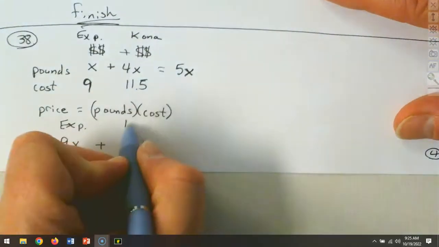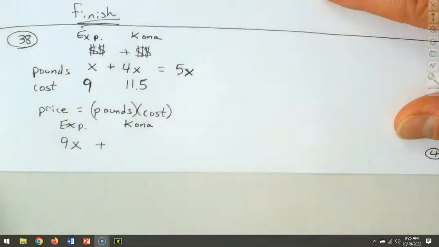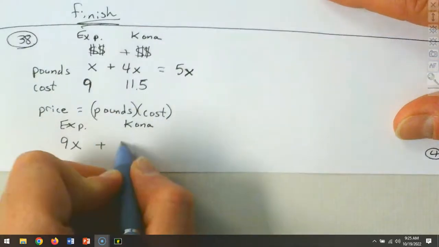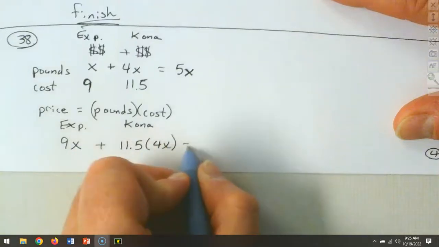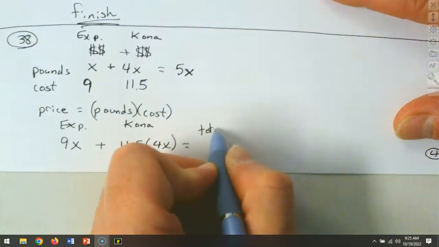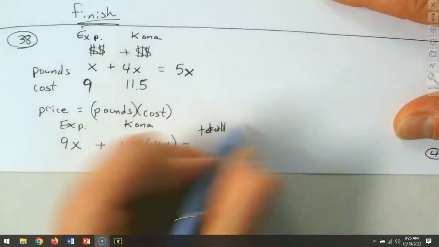Then we've got the Kona Deluxe, and it's 4 times as much, so that's 4x, and it's $11.50 a pound. So that's 11.5 times that 4x there. And what is the total bill? Okay.